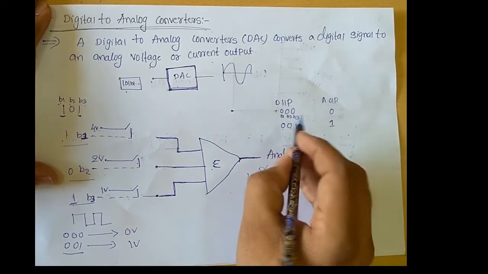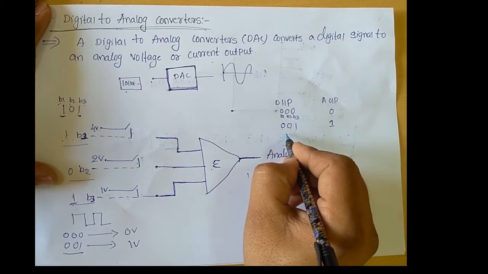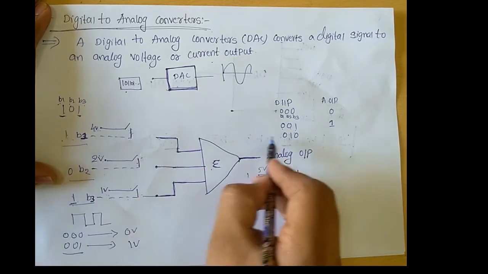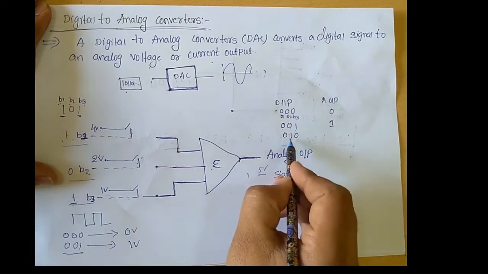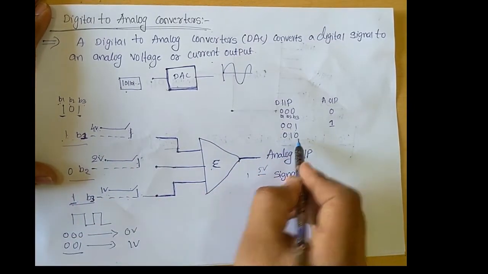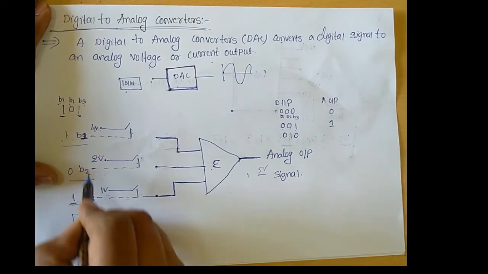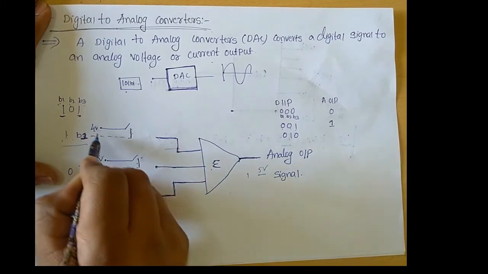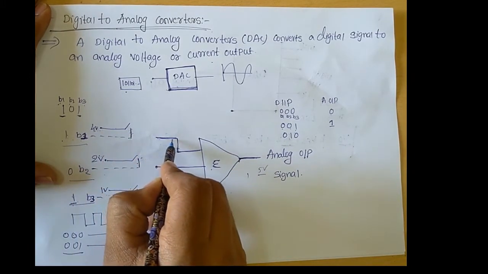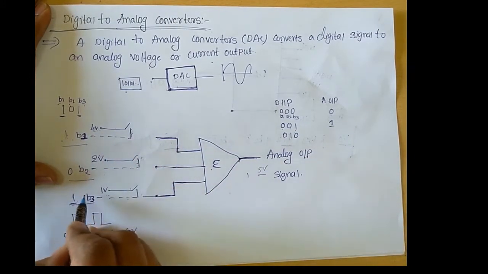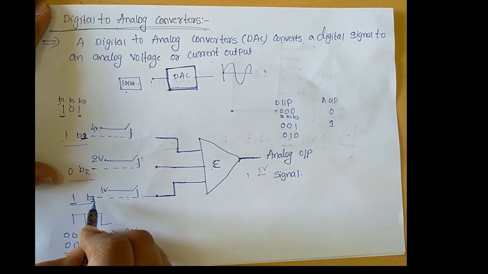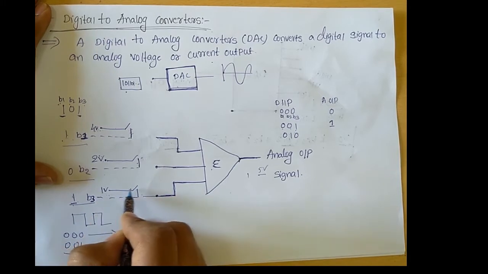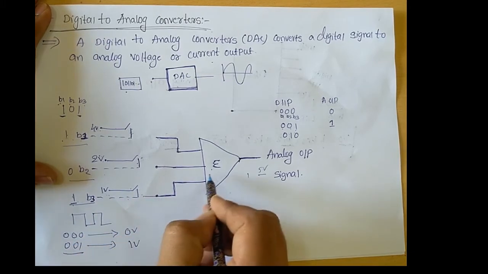Similarly, here we are giving another digital bit word, 010. At that time, the B1 bit is 0, B2 bit is 1, and B3 bit is 0. With respect to the B1 bit, this switch will be open, so this 4 volt signal is not connected to the input of this adder. The B3 bit is also 0, so this switch also acts as an open switch, and this 1 volt signal is not connected to the input of this adder.